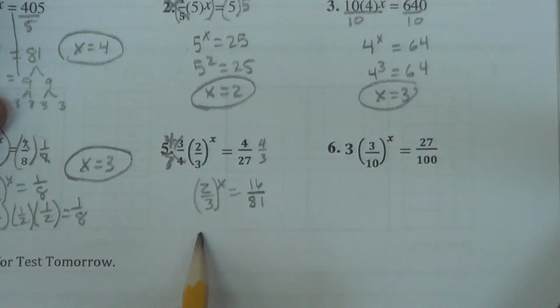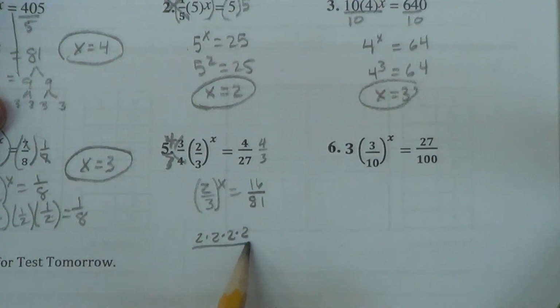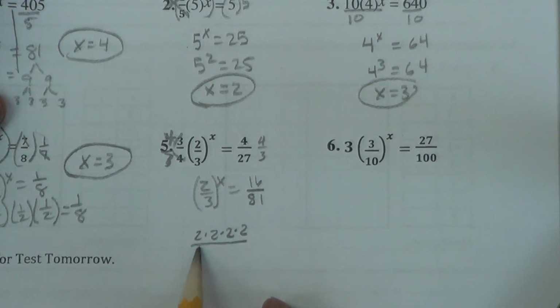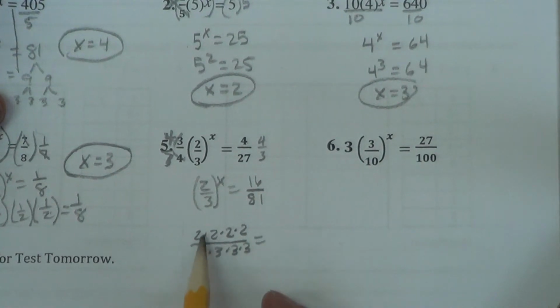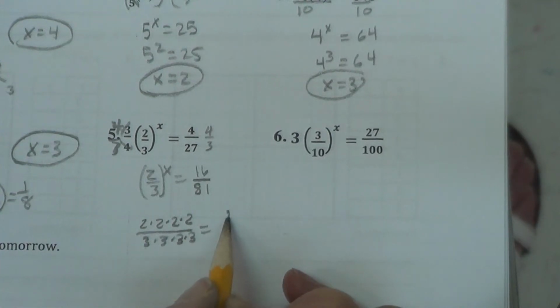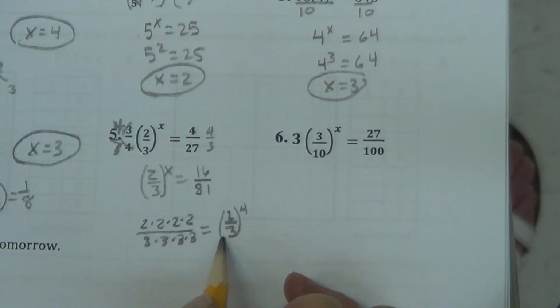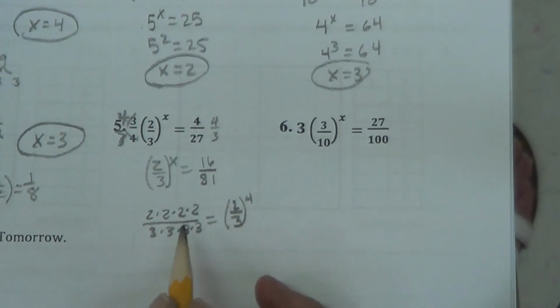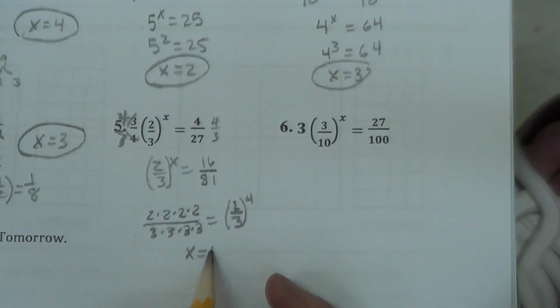So we ask ourselves, how many 2s will equal 16? 2 times 2 is 4, times 2 is 8, times 2 is 16. 3 times 3 would be 9, times another 9 is 81. We ended up with 4 of each one, so we know that 2/3 to the 4th is equal to this, which means that x equals 4.